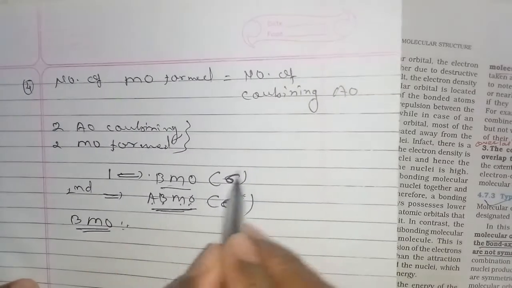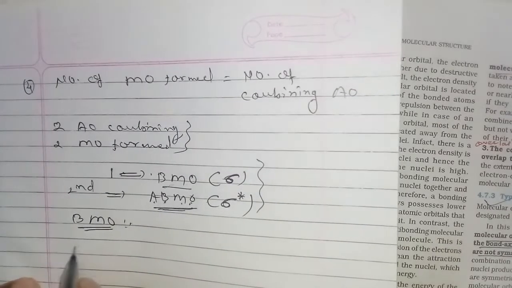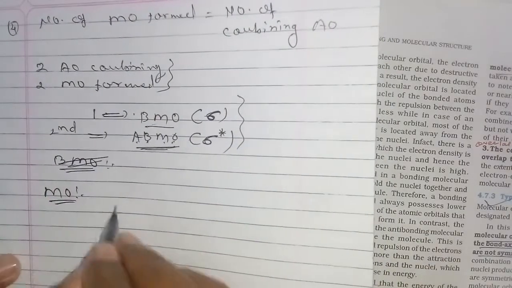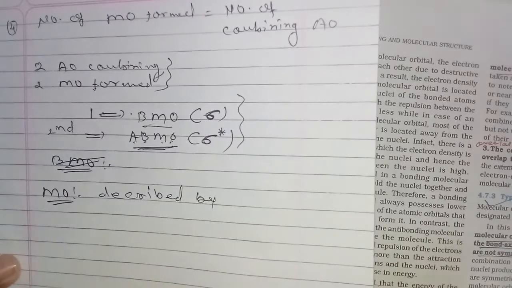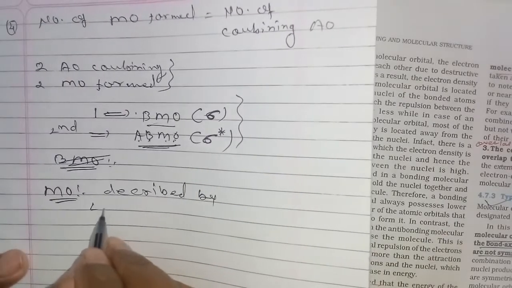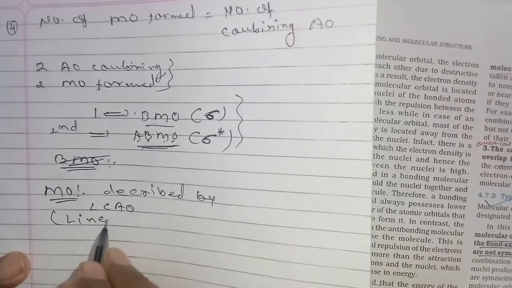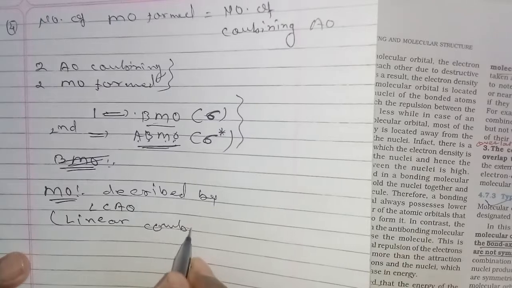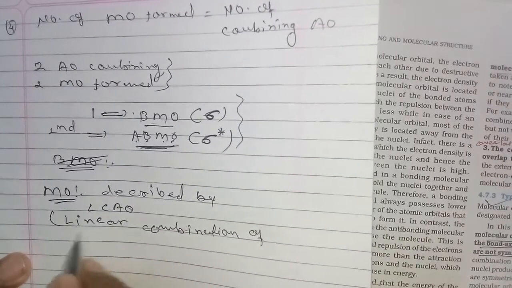The formation of molecular orbitals is described by LCAO, that means linear combination of atomic orbitals.